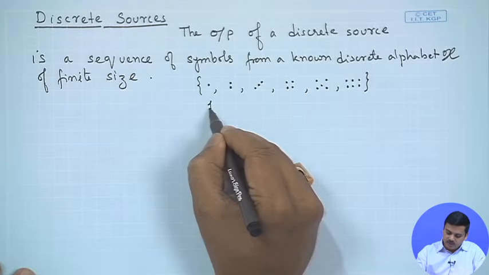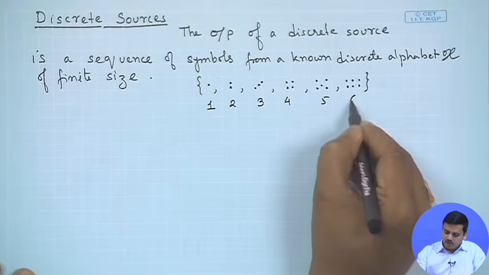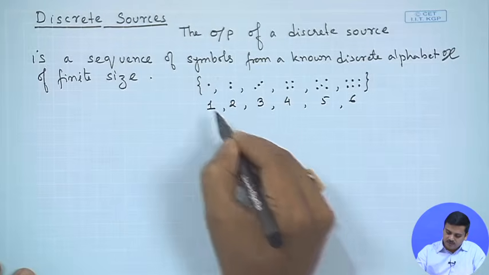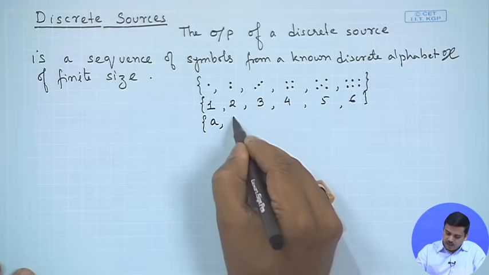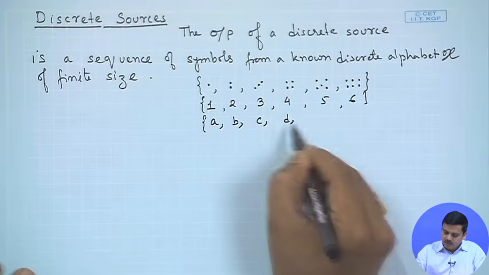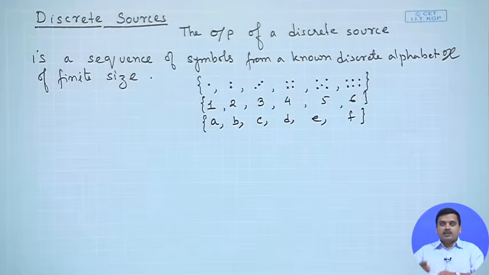You could represent it as 1, 2, 3, 4, 5, 6, or you could also indicate it as A, B, C, D, E, F. Now this is important to understand at this point: what we mentioned earlier is that the receiver knows you are going to choose from 6 different options.